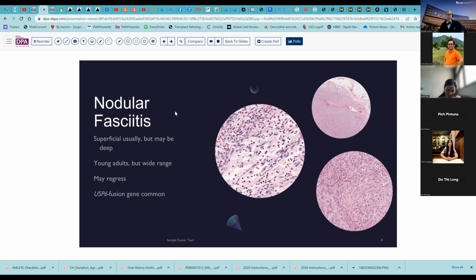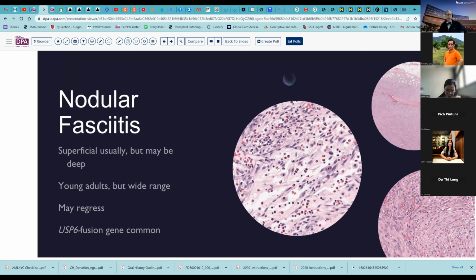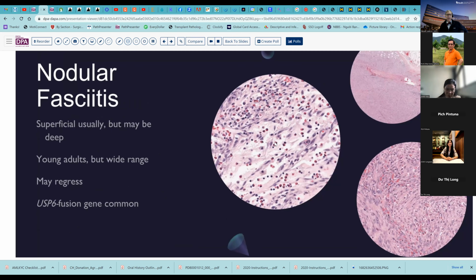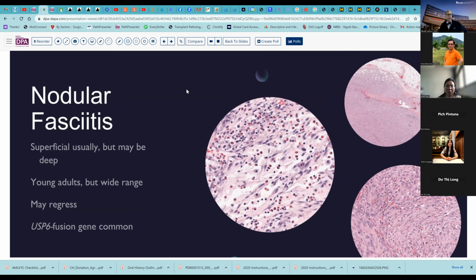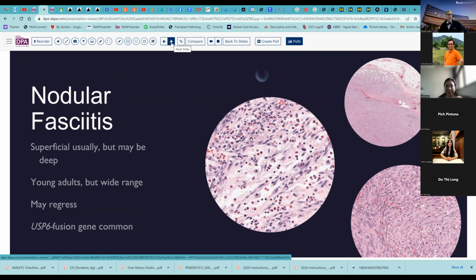Early on, it was thought that this was a lesion that was related to trauma, but that has not been proven to be the case. There may occasionally be a coincidental traumatic event, but it is not caused by traumatic injury.